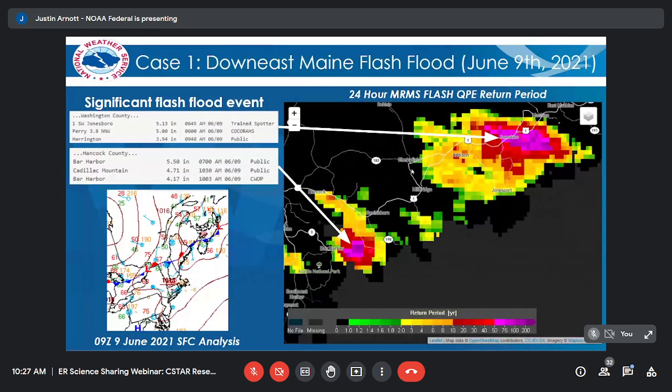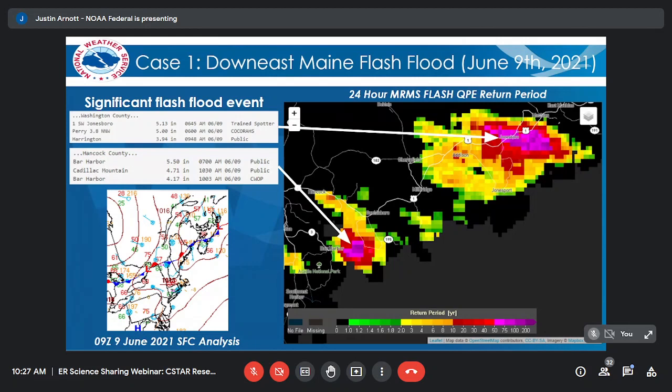So that's actually in Caribou's area. What you're looking at is the 24-hour MRMS flash QPE return period, and you see that there are 2 bullseyes over Bar Harbor and Jonesboro, and you're looking at basically 75 to actually over 100 year return period.